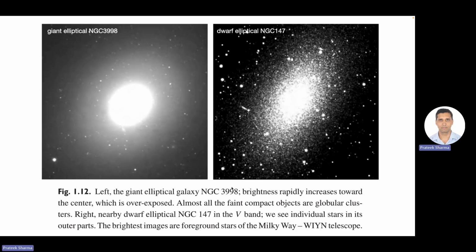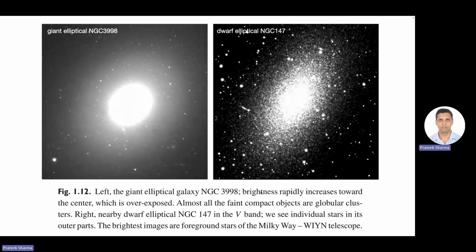Okay, so here are some examples from the book. Actually, this is a giant elliptical galaxy. Unfortunately, this does not give you a size, but as I said, these are like tens of kpc. Giant ellipticals are the biggest elliptical galaxies, and the central part is extremely bright and overexposed in this image. This is a dwarf elliptical, less massive, and you can see that it's not as centrally concentrated as the galaxy on the left.